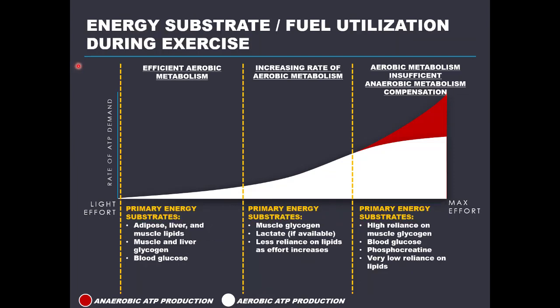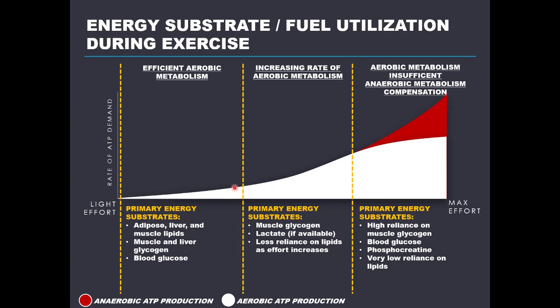Now, going back to what we discussed before in terms of fuel utilization during exercise, especially in response to increasing exercise intensity, this slide here expounds a little bit further. So again, in relation to the 3 sections on this aerobic anaerobic integration curve, in this section right here, this is where aerobic systems are efficient to meet the ATP demand because the ATP demand is very low.